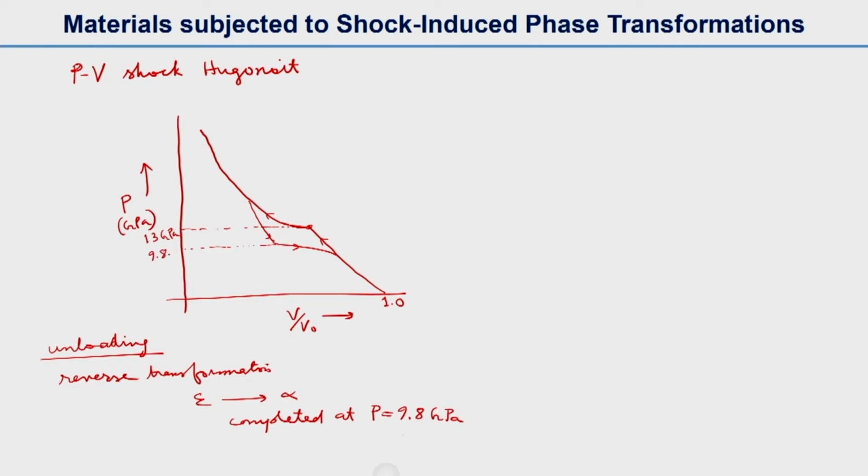Here it is 9.8 gigapascal. By the way, this plot is from Duvall and Graham. That reference we have earlier also quoted from Marc Meyers' book. So this is the reference.